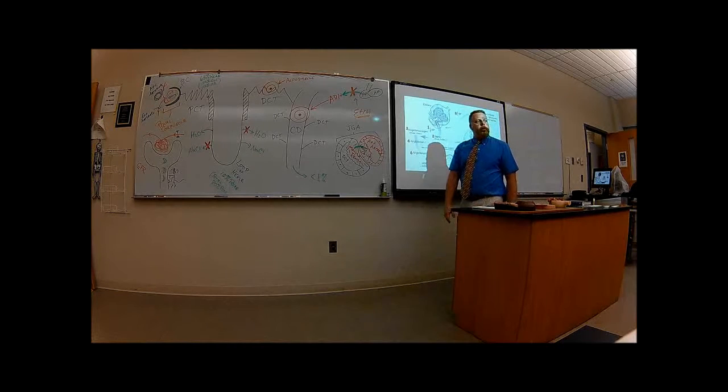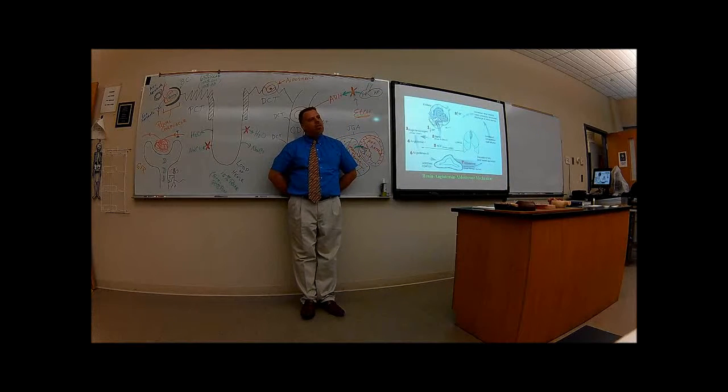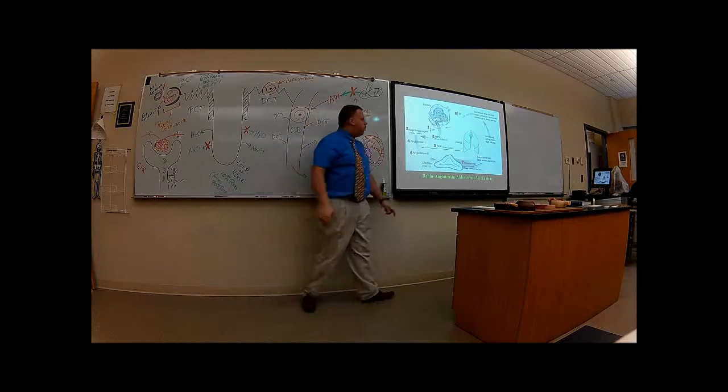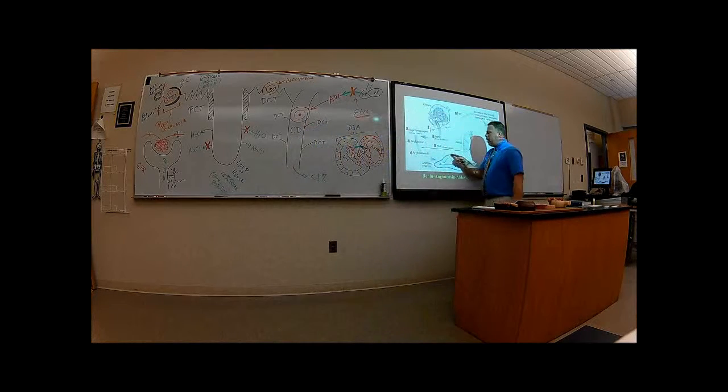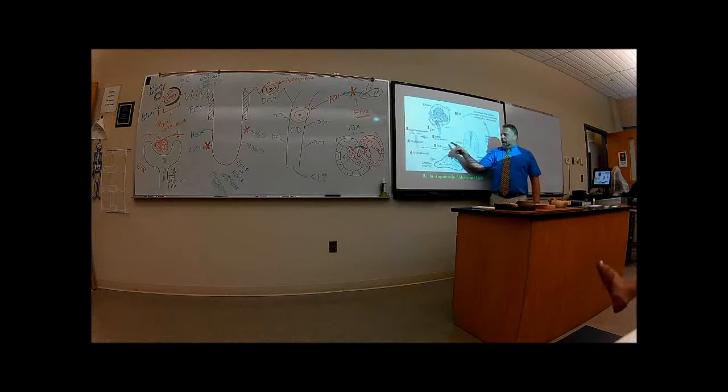Any of you heard of a medication called an ACE inhibitor? All right? What an ACE inhibitor is going to do is block this from coming out of the lungs. So you're not going to convert angiotensin 1 to angiotensin 2, which means you're blocking this whole cascade to increase blood pressure. So an ACE inhibitor is going to decrease blood pressure.